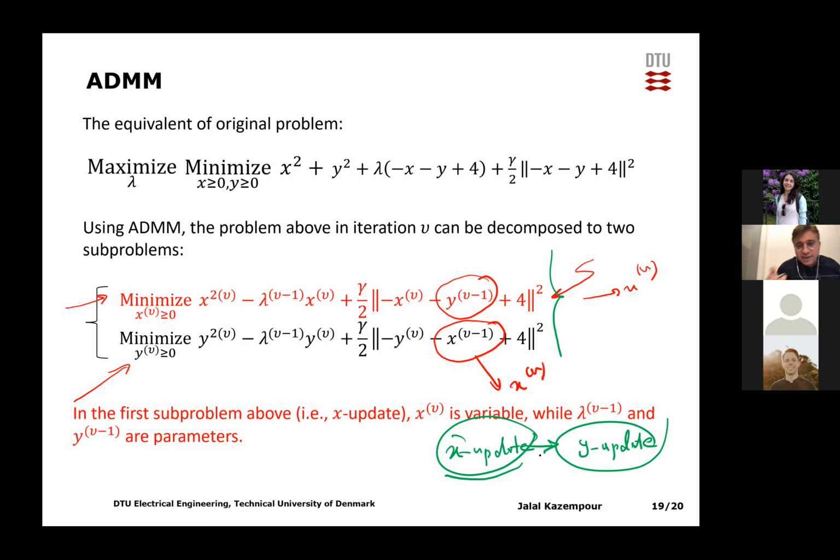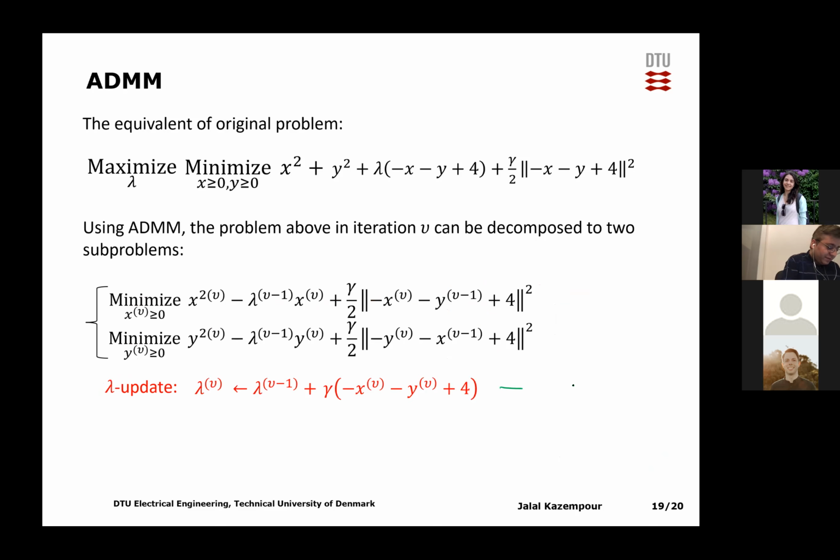Then sequentially, in the same iteration, I solve the y update problem. I cannot solve it in parallel. It should converge faster because you use the most updated information, but you lose the capability to solve the x and y update problems in parallel. So it's up to you which one to use, depending on your problem. Is it clear? Yes.